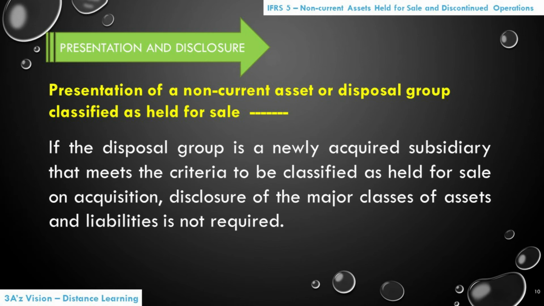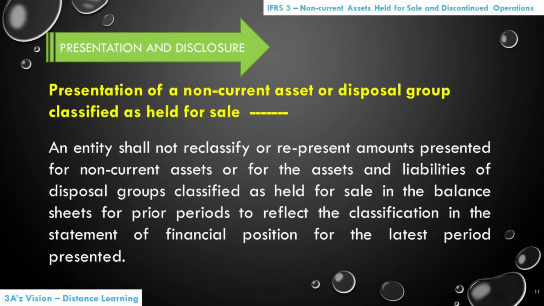If the disposal group is a newly acquired subsidiary that meets the criteria to be classified as held for sale on acquisition, disclosure of the major classes of assets and liabilities is not required. An entity shall not reclassify or re-present amounts presented for non-current assets, or for the assets and liabilities of disposal groups, classified as held for sale in the balance sheets for prior periods, to reflect the classification in the statement of financial position for the latest period presented.